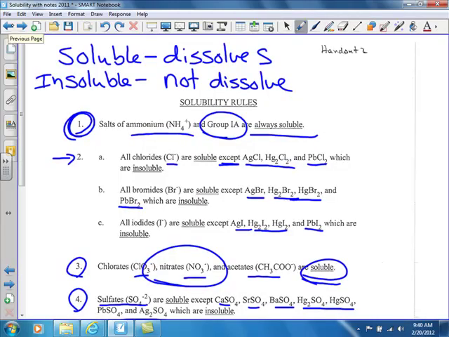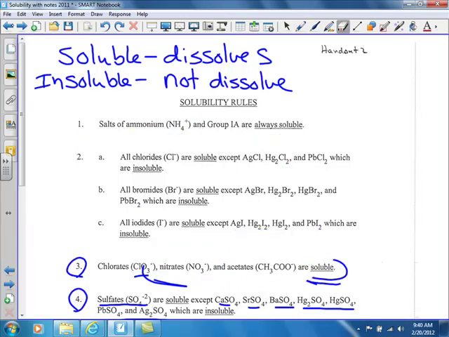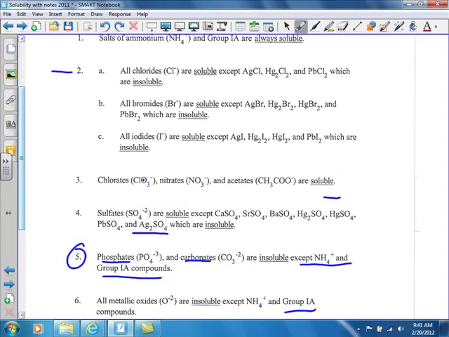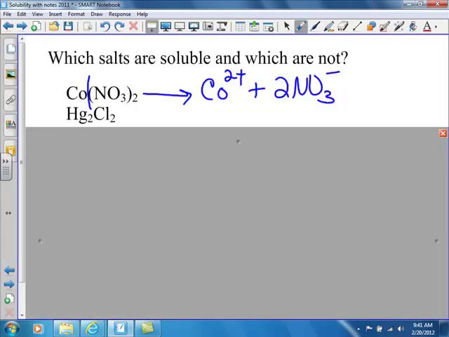I have a whole bunch of writing on this chart, so I'm going to get rid of some of it. You go to chlorides, because that's a chloride. All chlorides are soluble except, oh, there it is: mercury chloride is insoluble. So this is insoluble.